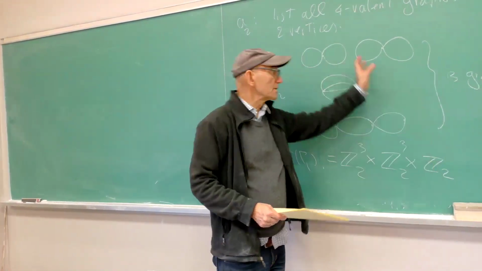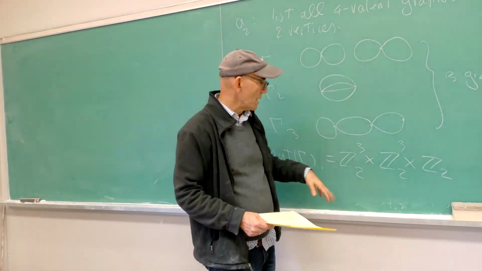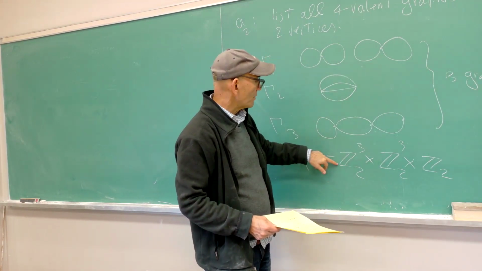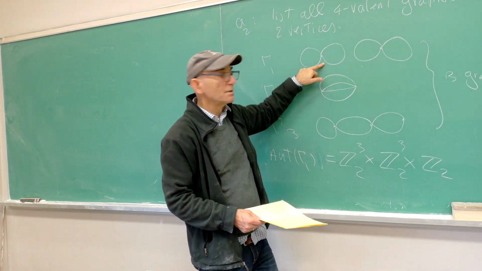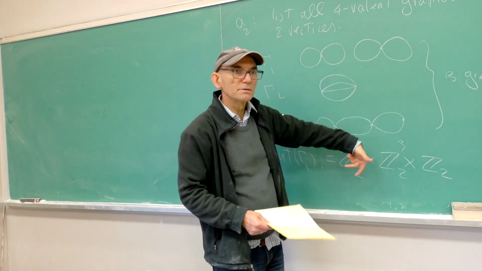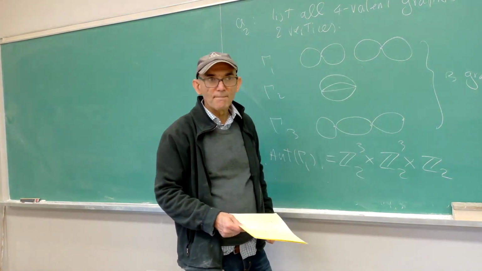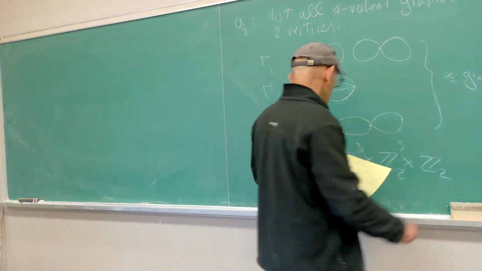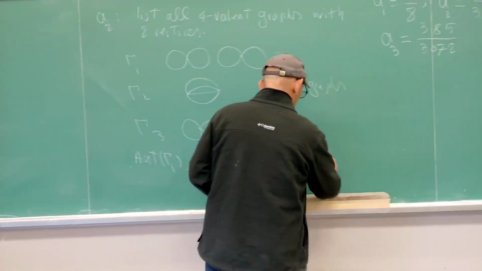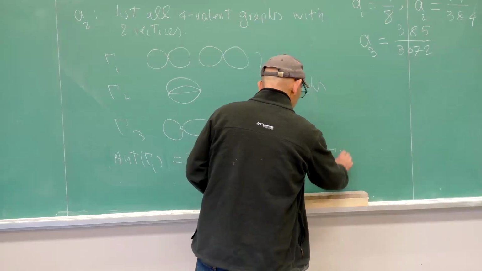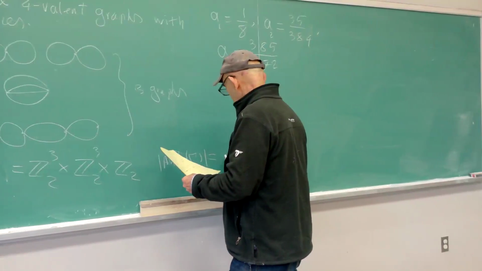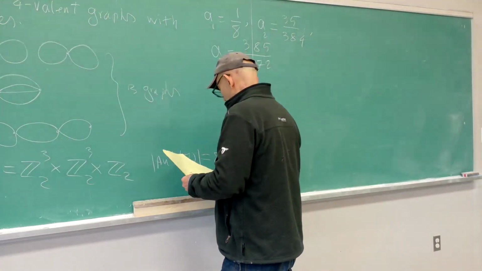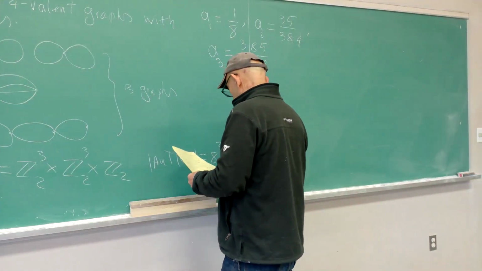This Z2 comes from switching these two factors, and Z2 to the power 3 is for each of those that we have this factor of 8 here. So the order of the automorphism group of gamma 1 is 8 to the power 2 times 2, which is 128.